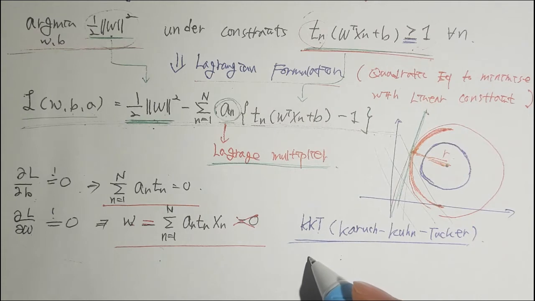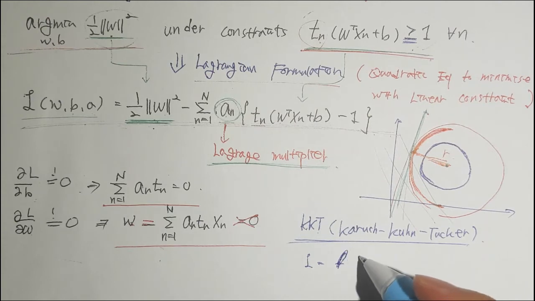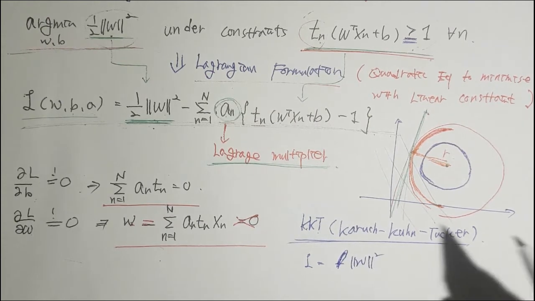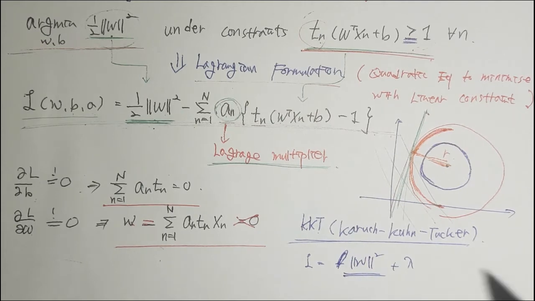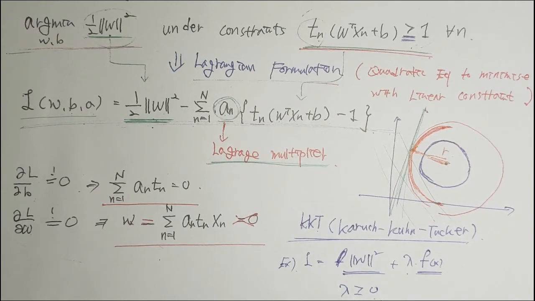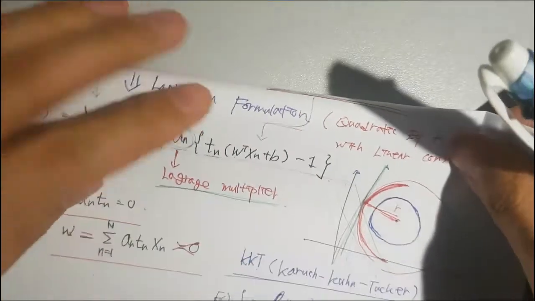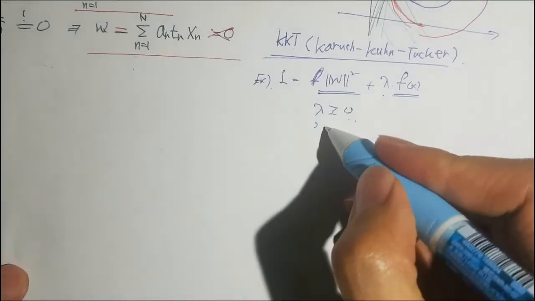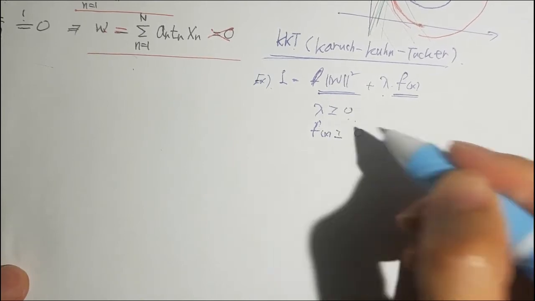So in this case, let me just simply explain. If some function is like f, something quadratic, some quadratic equation, anything, plus lambda and our function which is the constraint, then lambda should be equal or larger than 0, and the function should meet this condition.